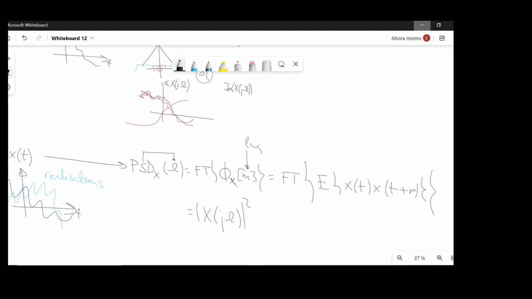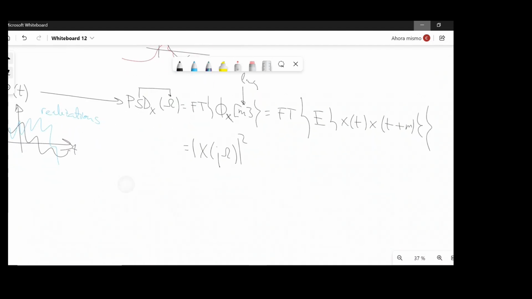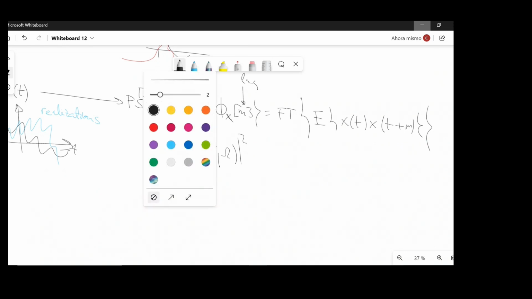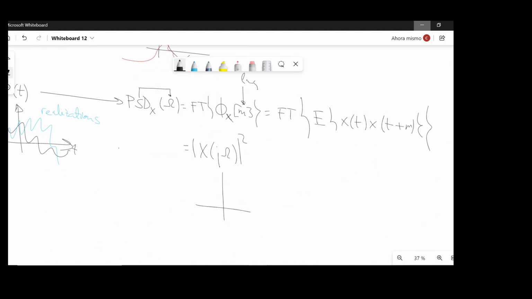That's the right dependence. And it is this kind of plot that we typically do. The power spectra look like this kind of thing. Typically you have more energy at low frequencies and less energy as you walk away.